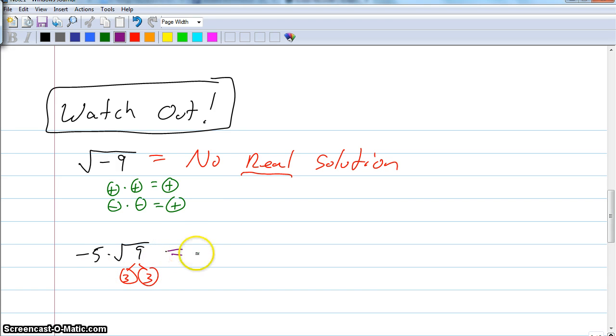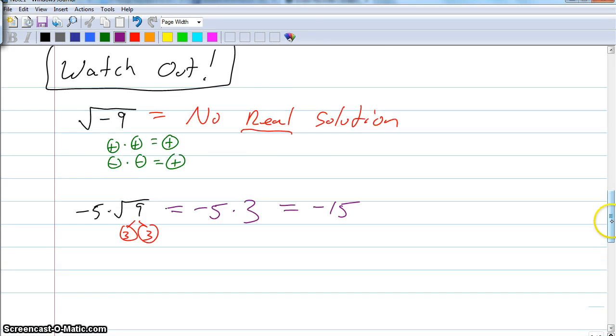We already have -5, so it's -5. Now this means times, right? If there's nothing there, that means there's a times there. -5 times a 3 comes out. And it'll be -15. If the negative is outside the radical, that's fine. It's like a negative number times whatever the radical is. But it's only a problem when the negative is inside the radical.